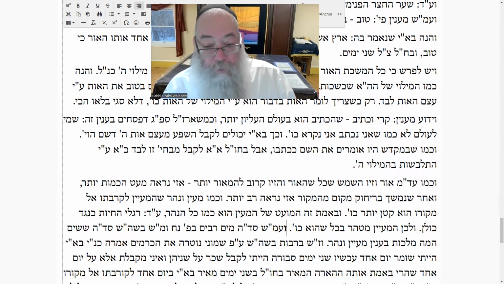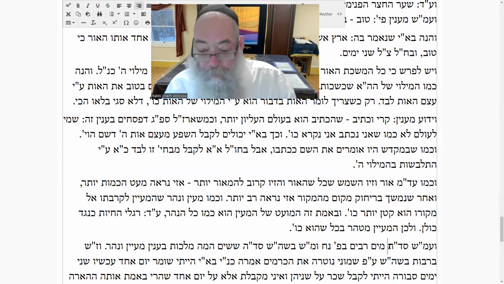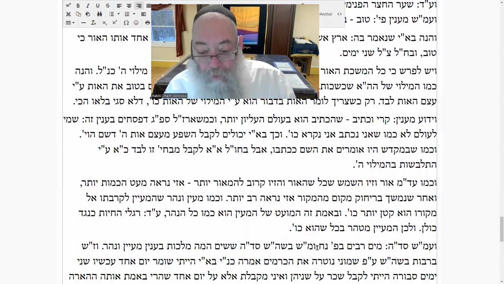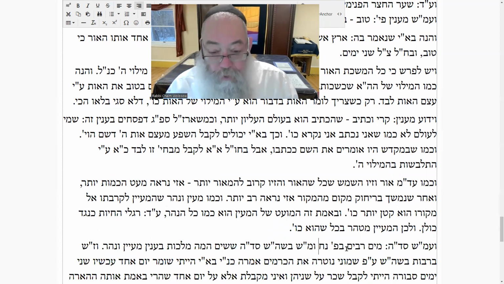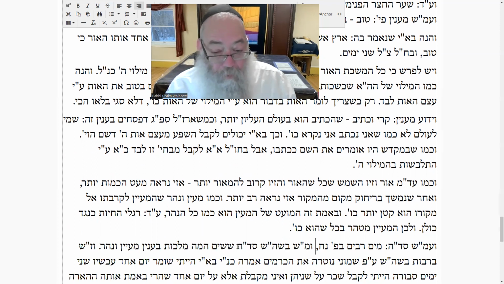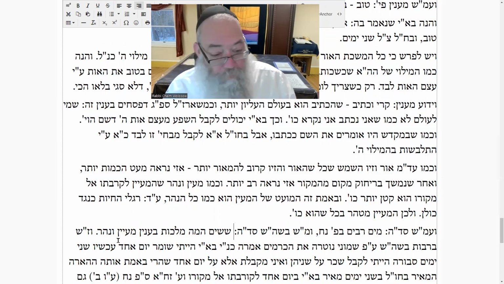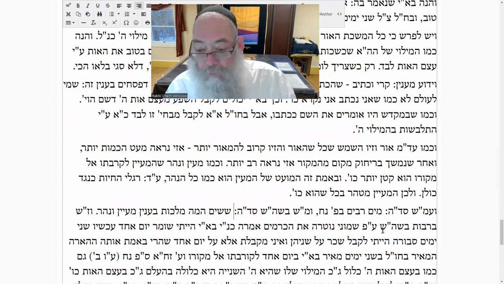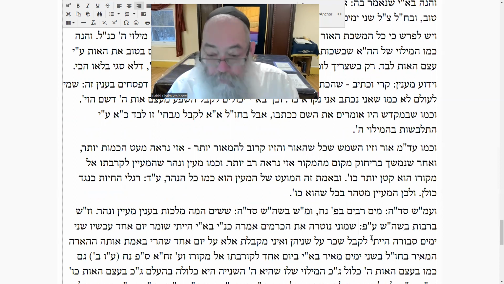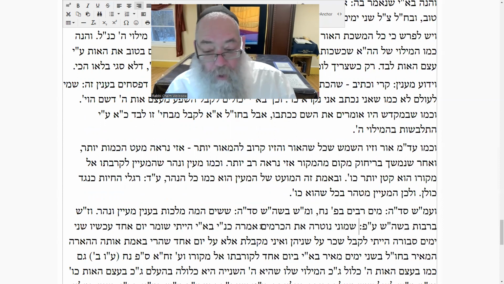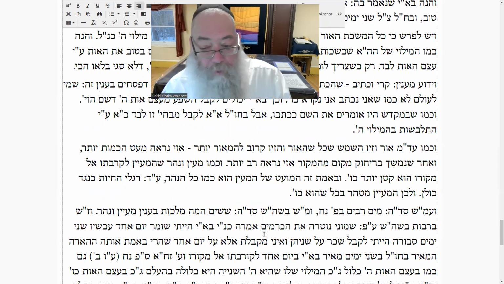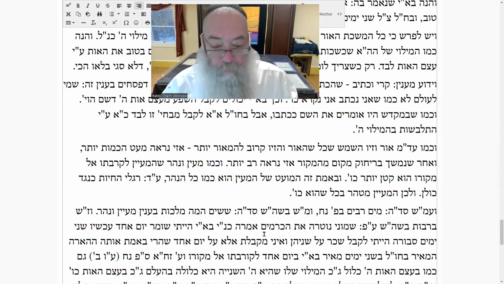We also see this in the Midrash on the verse in Shir Hashirim, where it says, "They placed me as a guardian over the orchards."